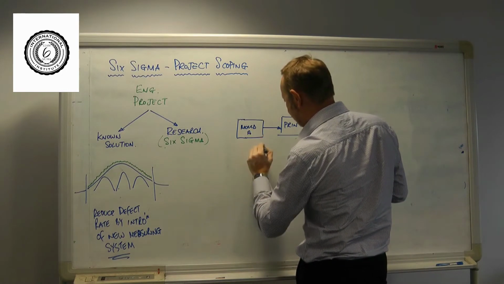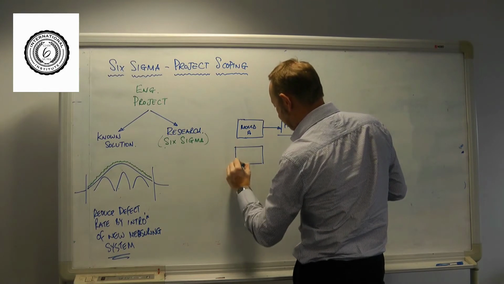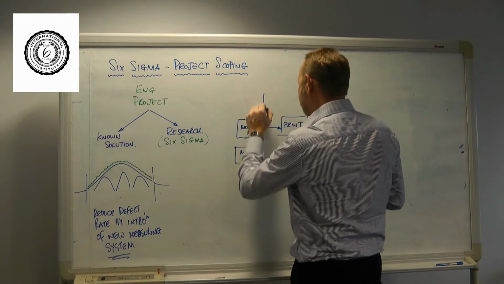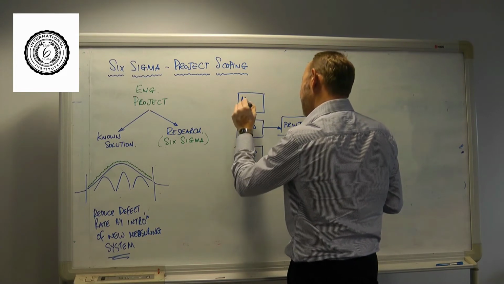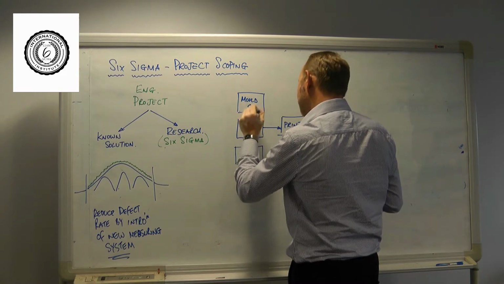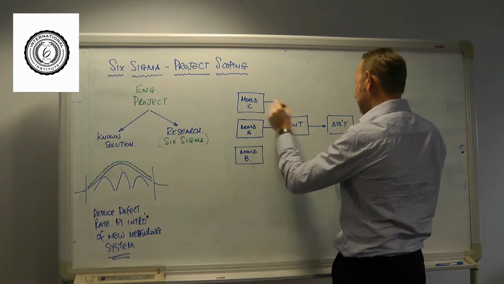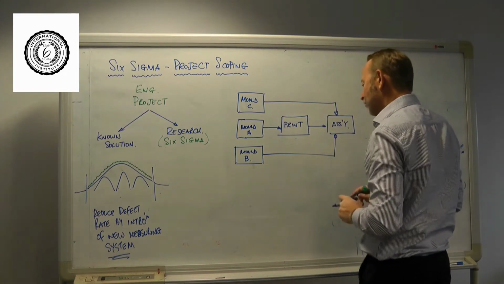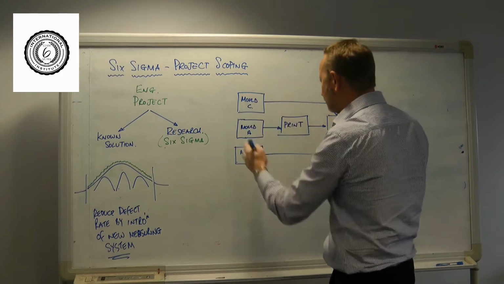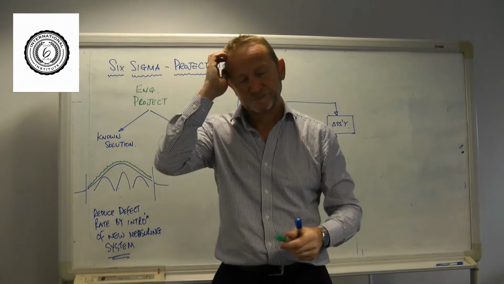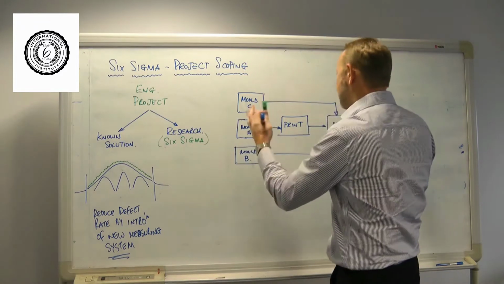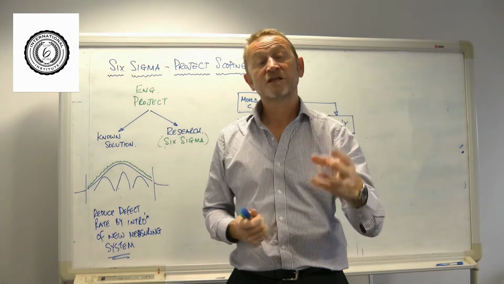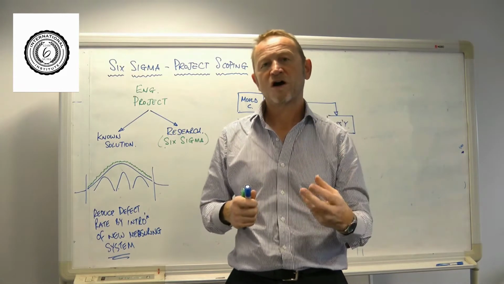So mold of part A, maybe there's a part B, maybe there's a part C. Maybe only part A gets printed. So that one's going in there, and that one is going in there. So let's say you've got a process that looks like this. The problem you've got is the defect rate with making that product. The defect rate is too high.